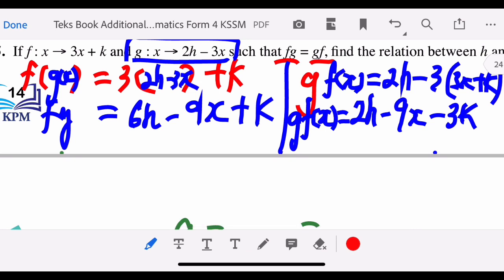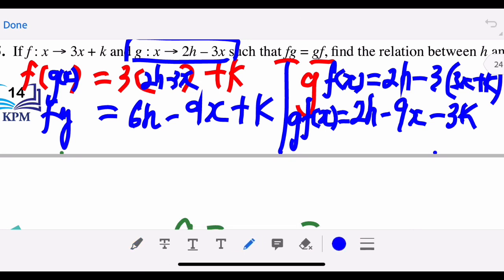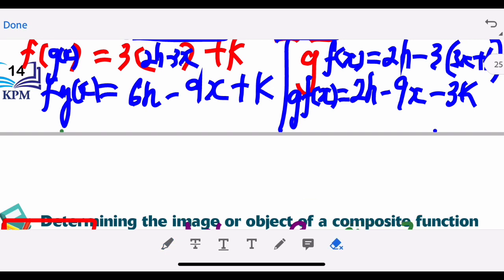Now the question is saying that these two composite functions are equal. They are equal, so let's make them equal. We want to equate them.